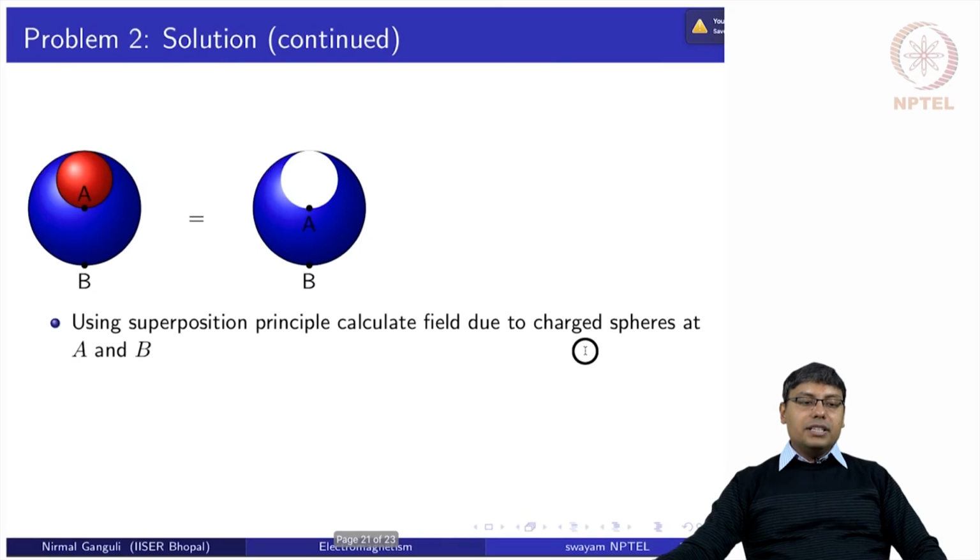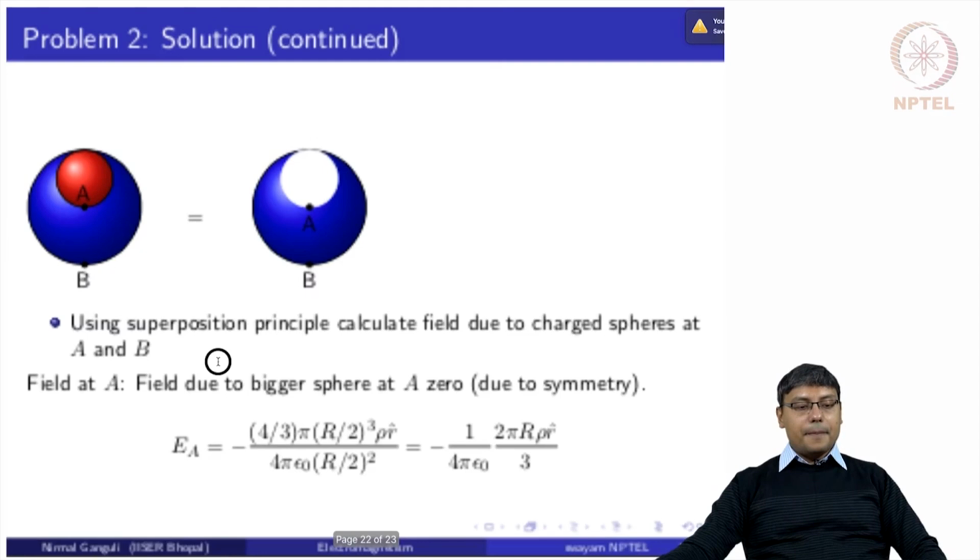So that means this situation is equivalent to the situation that we are given. So we can find the electric field corresponding to this situation by applying the principle of superposition, and applying the principle of superposition on this situation is much easier.